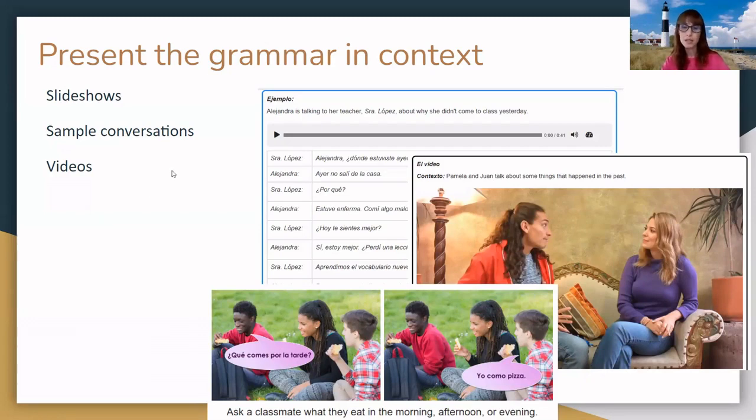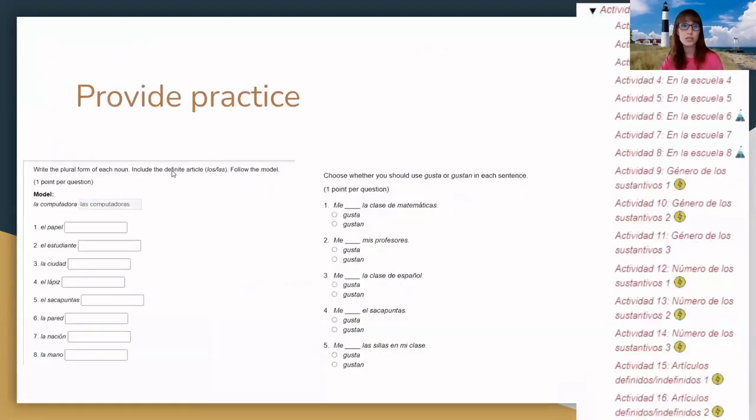All right, after you've looked at all of the resources for the grammar, it's really important to provide practice. Your students need to get in there and practice the vocabulary. They need to practice the grammar to get used to what it is. So we have all kinds of great activities that you can do. Some of them are self-graded. Some of them are things that you can go in and give feedback to. We'll talk about feedback in a little bit as well. But here's a couple of examples.